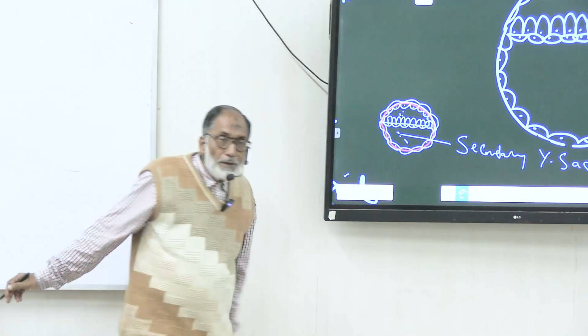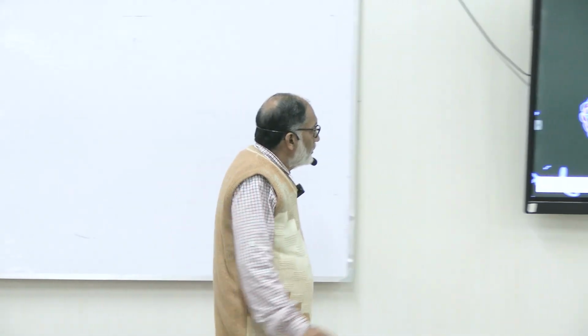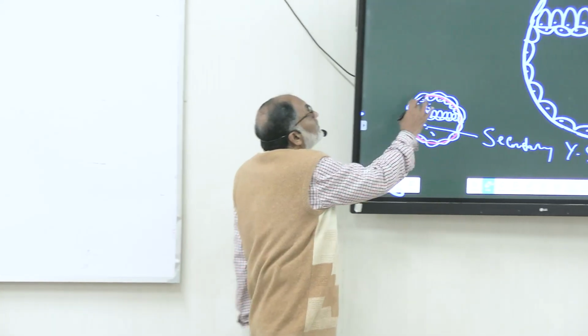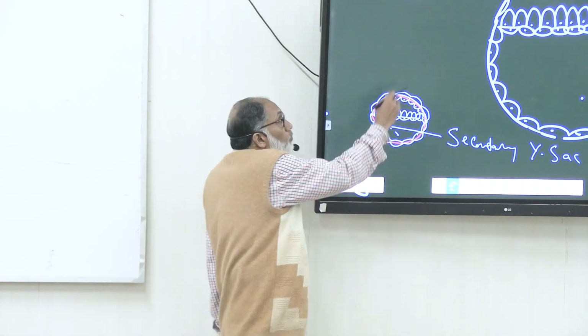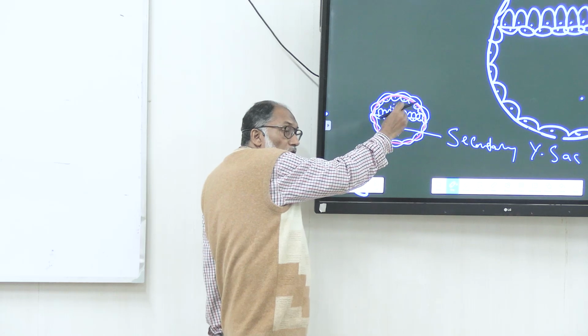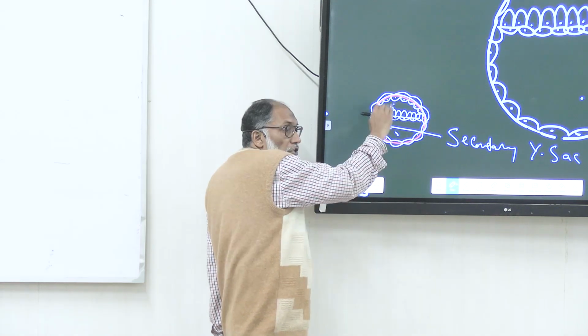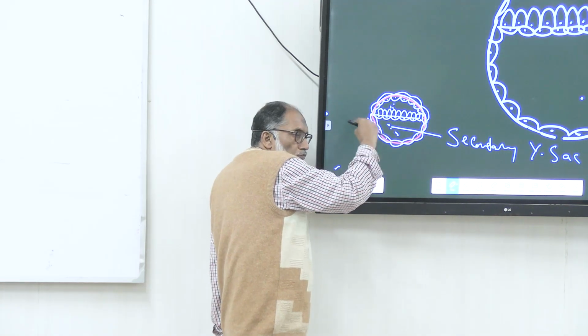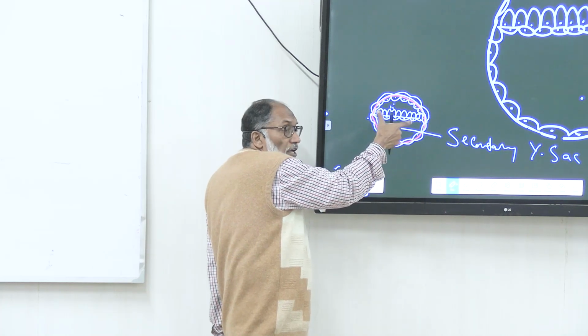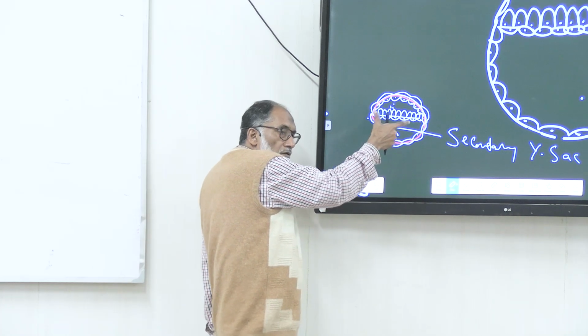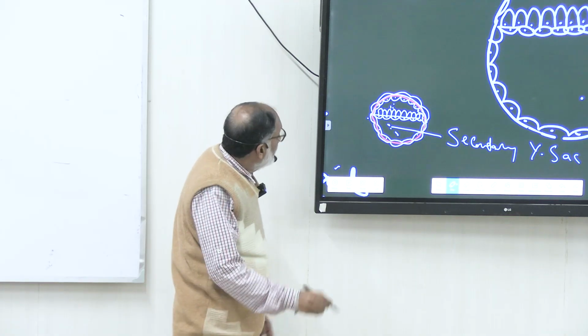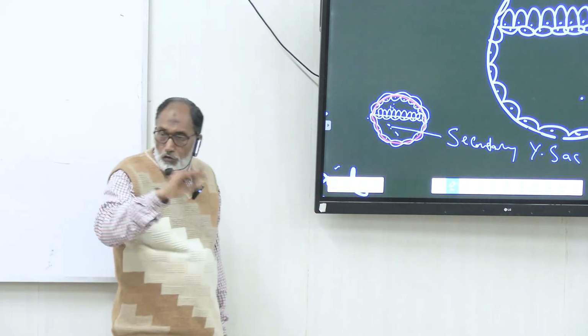The roof of the amniotic cavity is lined by cells which have come from the trophoblast, and its floor is formed by the epiblast. Right? Now I will erase all this and draw it again anew.